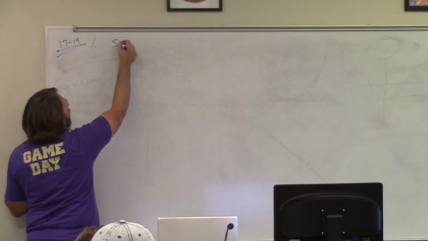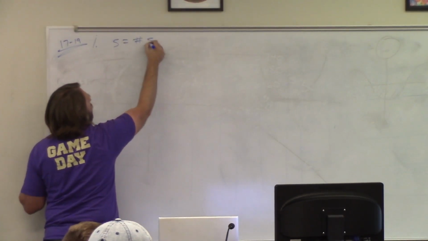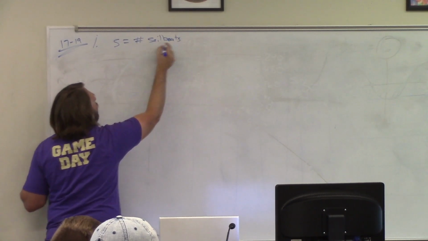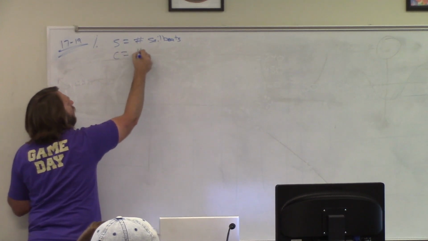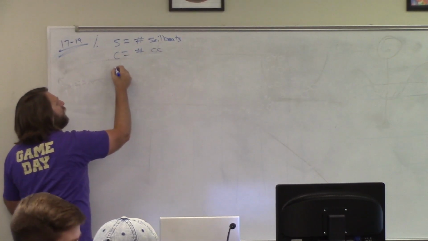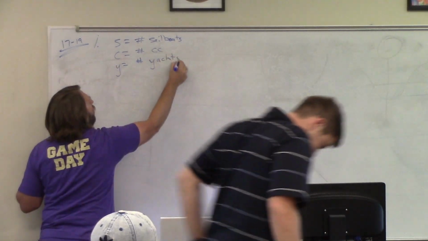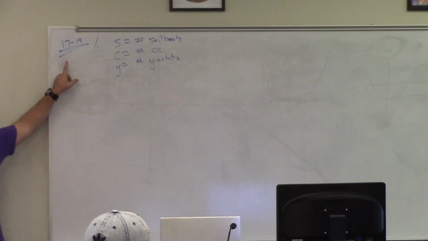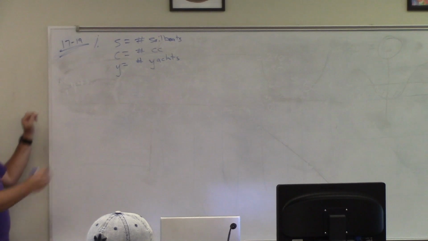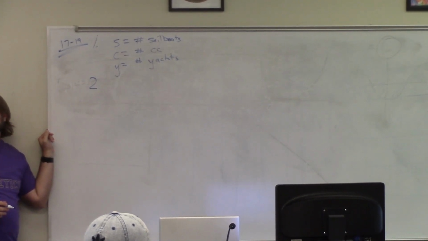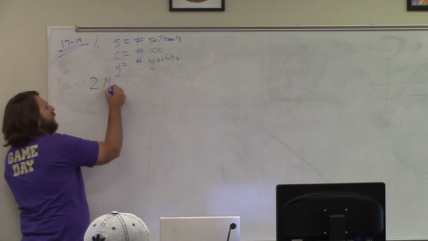Sailboat, so let's call that S. And that's going to be the number of sailboats. Cabin cruisers. And yachts. All right, that's what we have to figure out. And if we figure that out, what are we trying to do? Maximize profit.